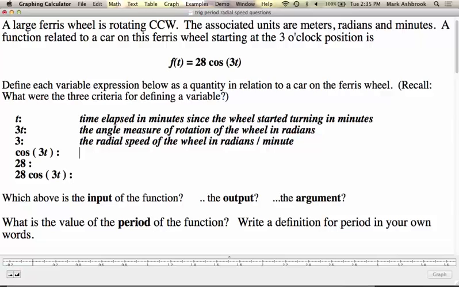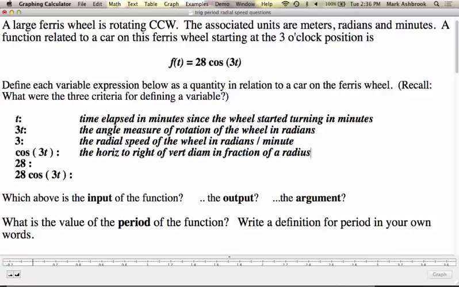Okay, cosine of 3t. Let's have someone chime in here. It's the horizontal distance to the right of the center. In what? Here's the key: in what? A fraction of the radius. Good. This is just straight up cosine, and straight up cosine will always output a fraction of a radius. A number between what and what?